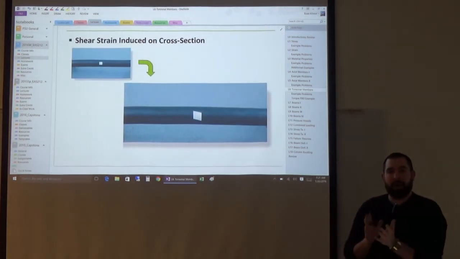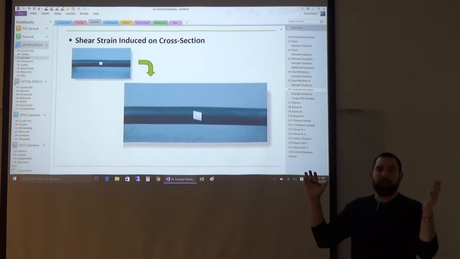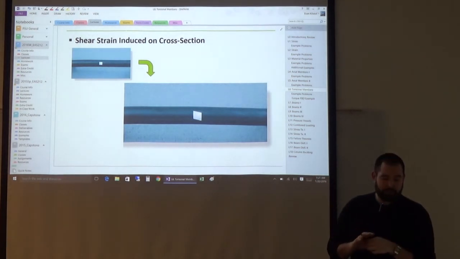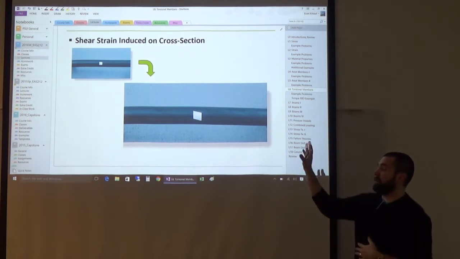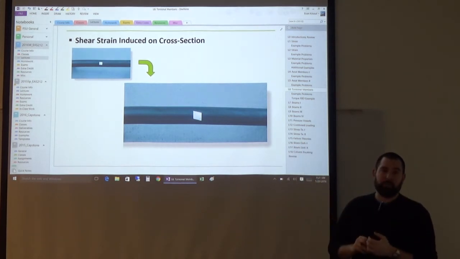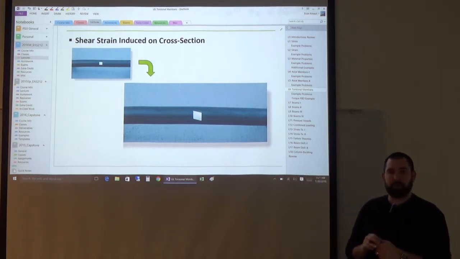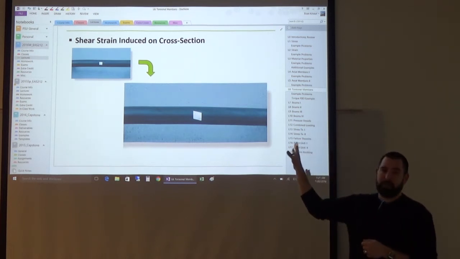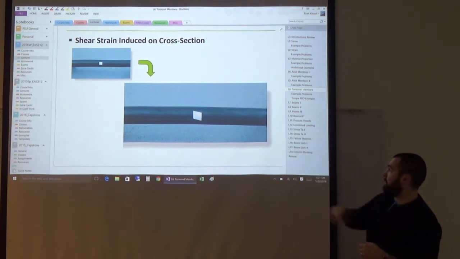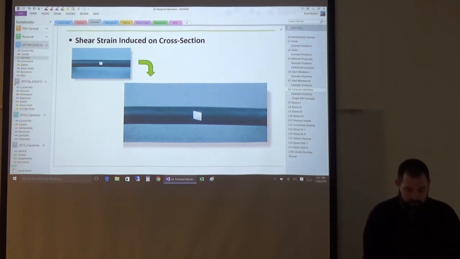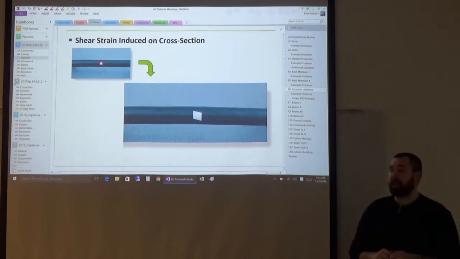Whereas with axial members we found that applying an internal normal force caused a normal strain and a normal stress, here a torsional internal moment on the cross-section is going to induce a shear strain, and as a result a shear stress as well. The easiest way to discover that is, here's a rubber tube that somebody painted a square, a rectangle, on while it was unstressed.